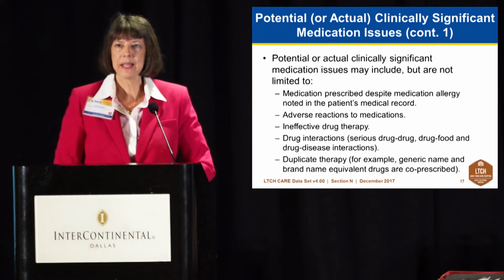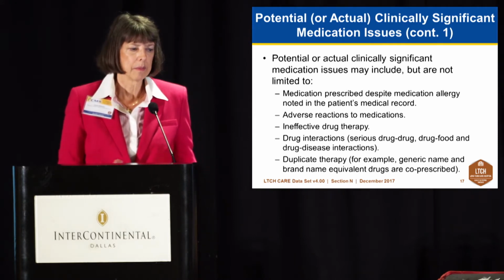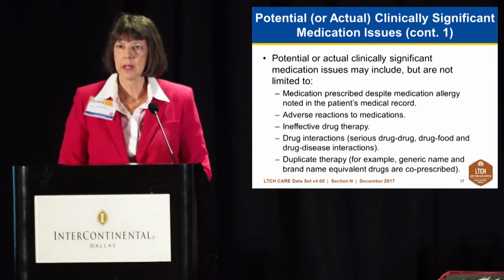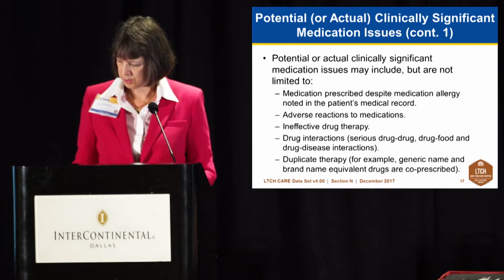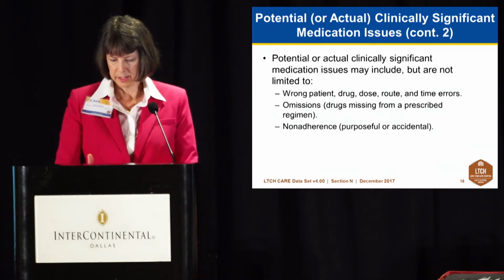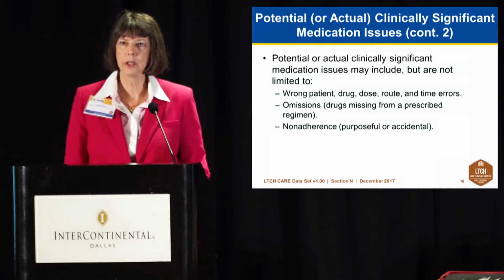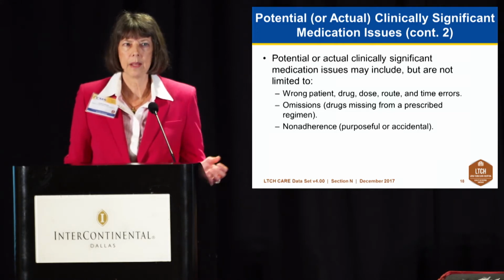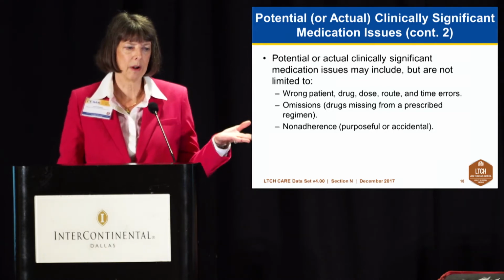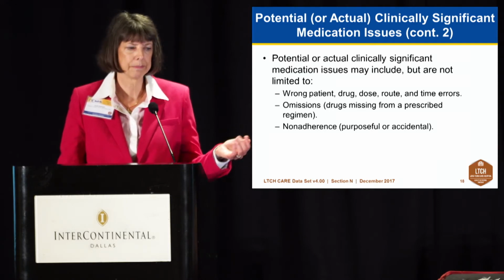It could be duplicate therapy, such as a generic-named drug and a brand that has an equivalent, and both have been co-prescribed. In addition, it could be that you've got the wrong patient with the wrong drug, the wrong dose, wrong route, or the wrong time of administration, those types of errors.